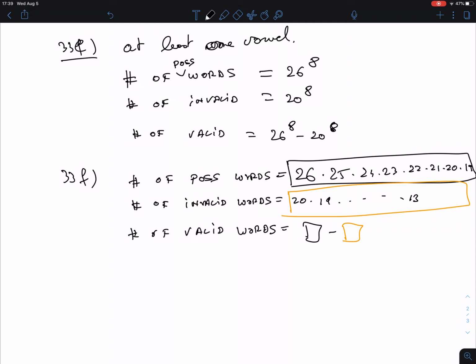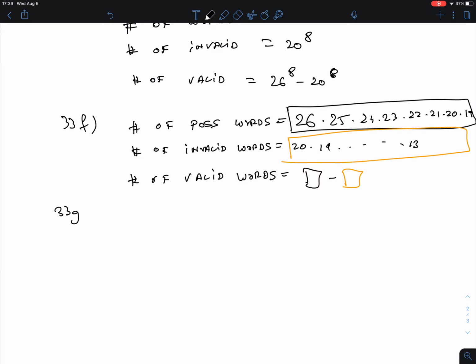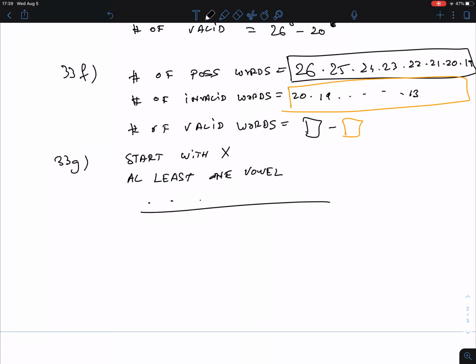Okay. Oh, there's more. 33G: words that start with an X and contain at least one vowel, where letters can repeat. Again, we're trying to build this word, right?